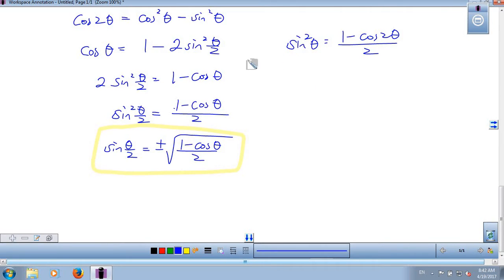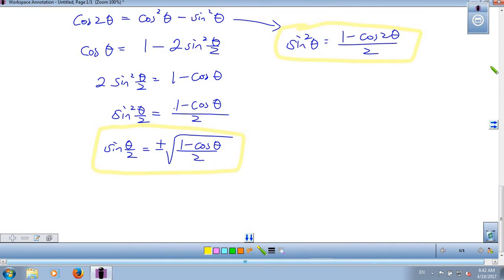How do I get it? Basically, I start with this formula. Instead of putting theta over 2, I just put theta there. So solving, it comes from this equation as well, from the double angle formula. So we can use this expression or this expression depending on what you need.